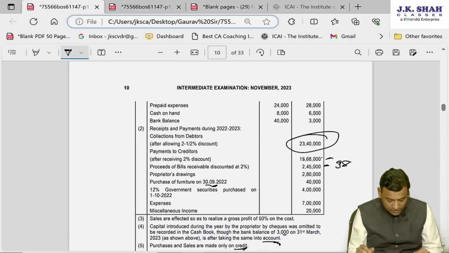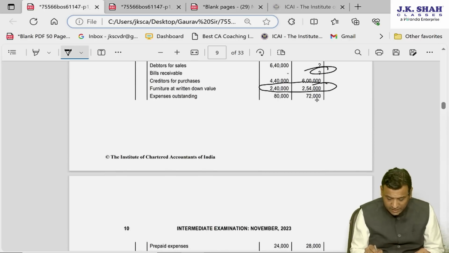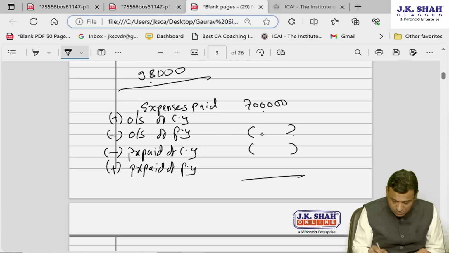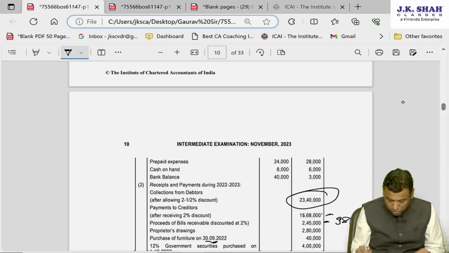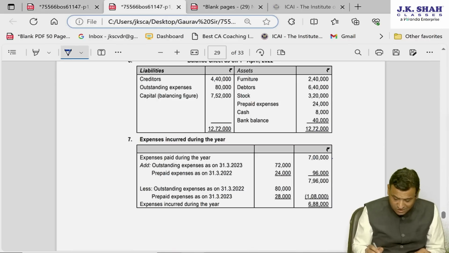So outstanding of current year, 80,000 and 72,000. 80,000 is previous year, 72,000 is current year. Then we have prepaid also. Prepaid 24,000 is previous year, 28,000 is current year.